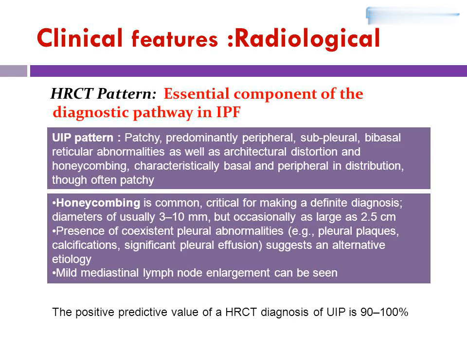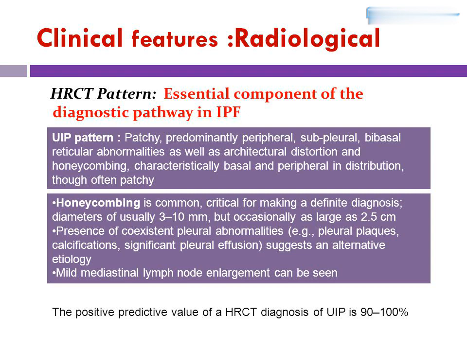Clinical features, radiological. HRCT pattern, an essential component of the diagnostic pathway in IPF. UIP pattern: patchy, predominantly peripheral, subpleural, bibasal reticular abnormalities as well as architectural distortion and honeycombing, characteristically basal and peripheral in distribution, though often patchy.